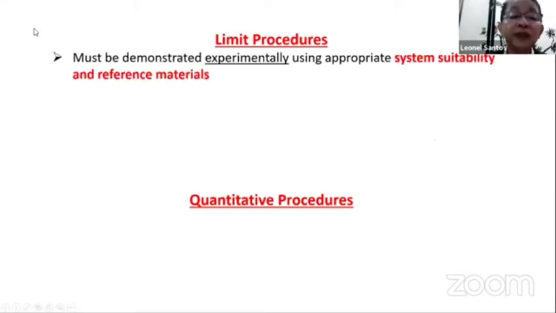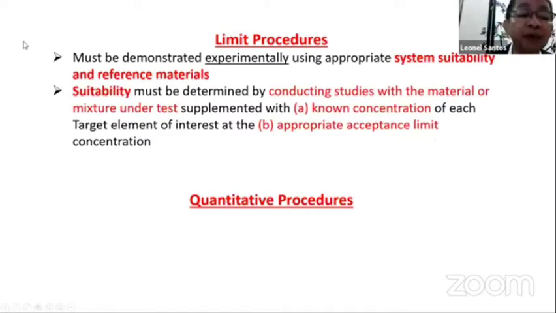But there are certain requirements even for limit procedures. So for limit procedures versus the quantitative procedure, a limit procedure must be demonstrated experimentally using an appropriate system suitability and reference material. So when you're developing a limit procedure, you know exactly what the concentration is, even if the final approach is a yes or no answer.